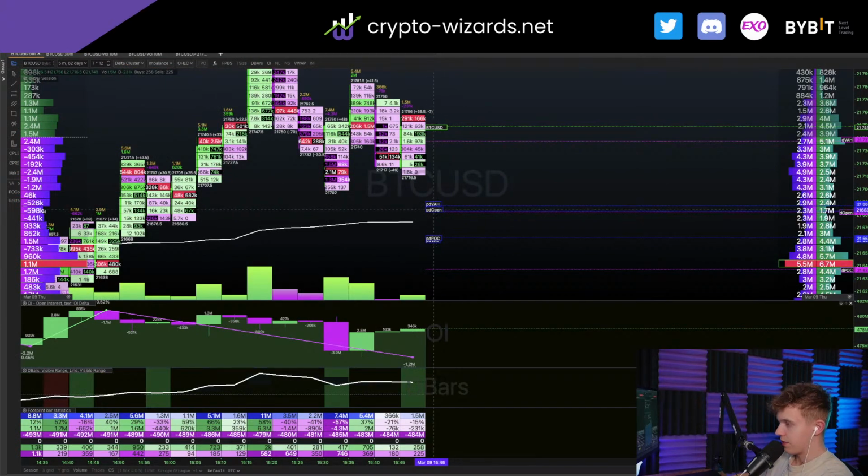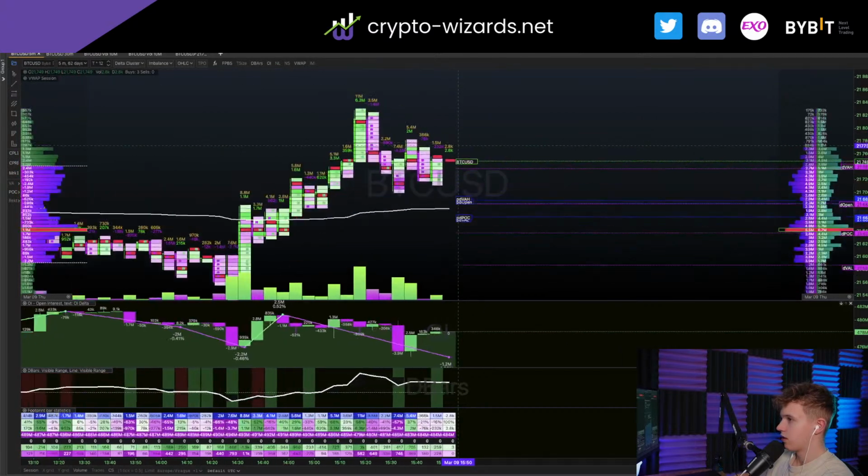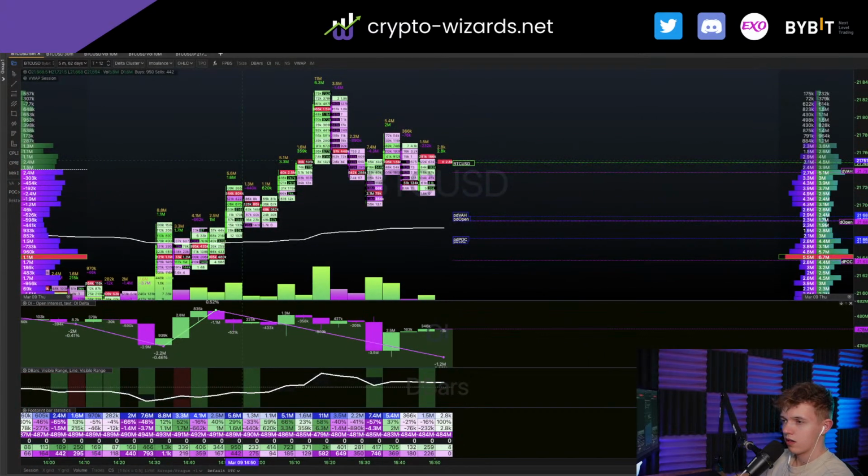I don't know what's wrong with the previous day value area levels actually. Let me check. They don't work, it seems. No, still the same. Chart. No, not doing anything.